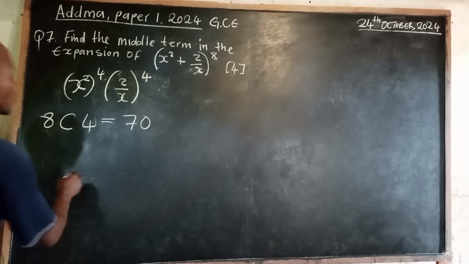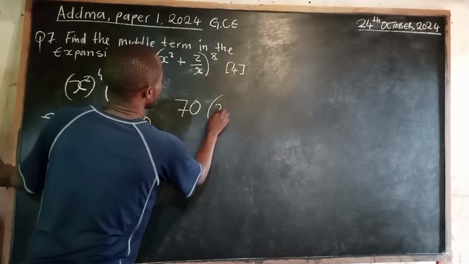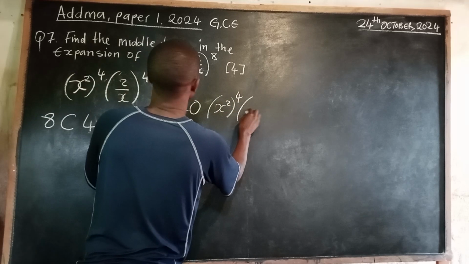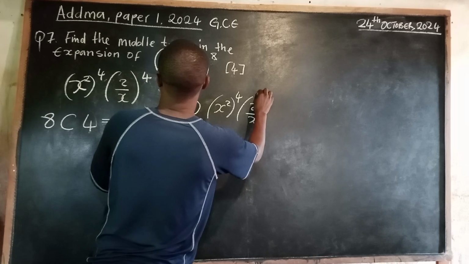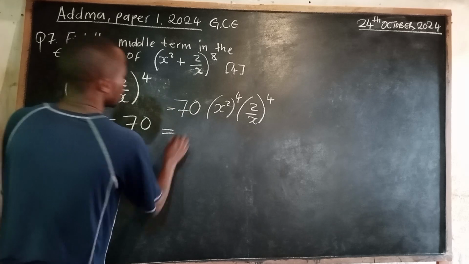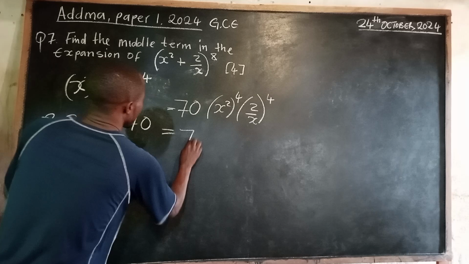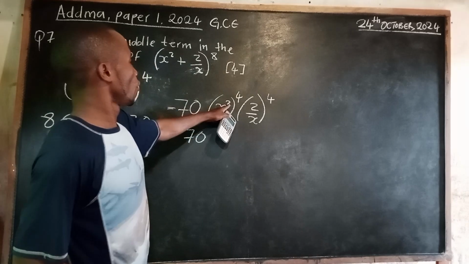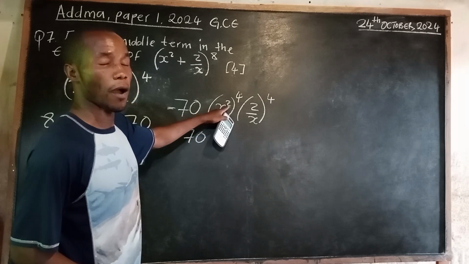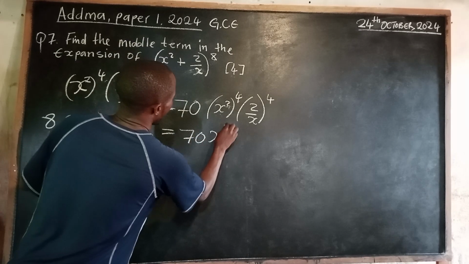So we are going to say 70, open x squared, close, power 4, open 2 over x, close, power 4. Now we are going to simplify this. When simplifying the powers, we just multiply them, because this is x raised to power 2 raised to power 4, so 2 times 4 is 8, giving x power 8.